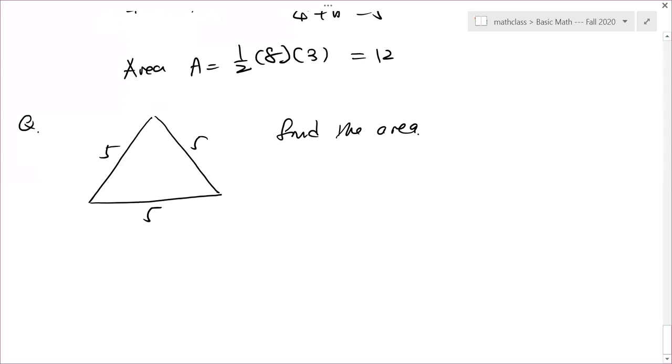All right, okay, let's do this. Same idea, you have to draw the height, right?